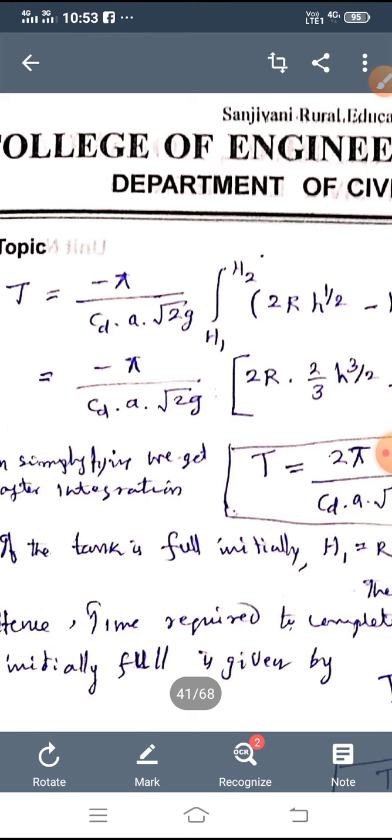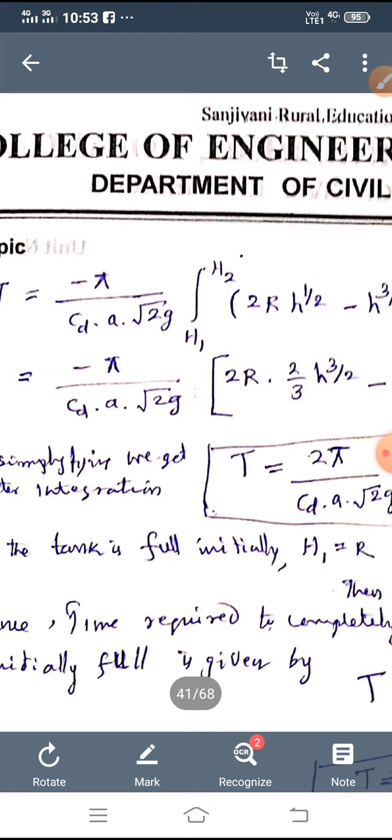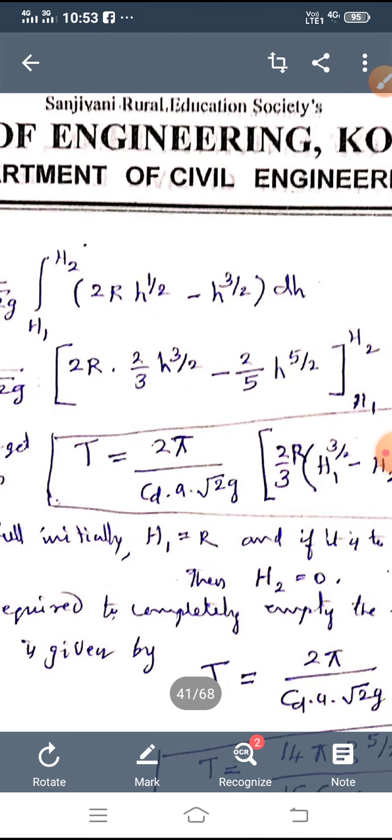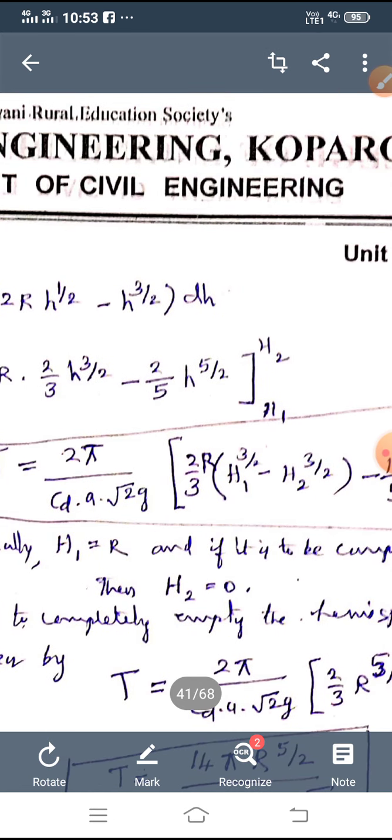Then T is equal to the constant value minus pi upon Cd a root 2g, integral H1 to H2 of (2R H to the power of half minus H to the power of 3 by 2) dH. After you integrate, you will get it. Here also, in order to remove the minus sign, instead of H2 minus H1 we take H1 minus H2.